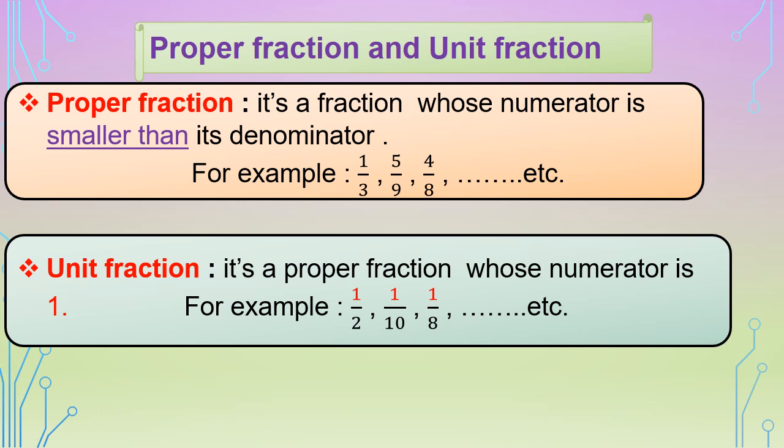Okay? The unit fraction is a proper fraction whose numerator is 1. So, the unit fraction is a proper fraction. The numerator must be 1, like 1 over 2, 1 over 10, 1 over 8, 1 over 7, 1 over 100, 1 over 1000, and so on.